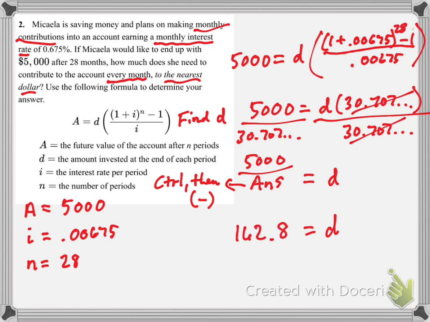Now it's going to say 2789, blah, blah, blah. Well, it says nearest dollar. Nearest dollar means whole number. 8 rounds 2 up to 3. So my answer is Michaela's going to have to deposit $163 every month. So there's some problems involving finding the monthly payment.